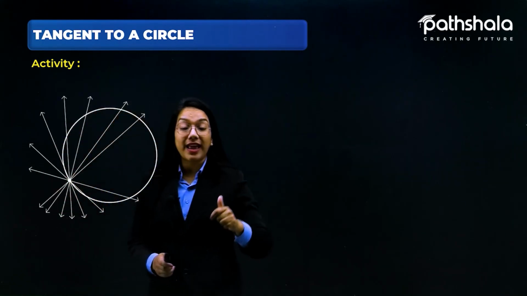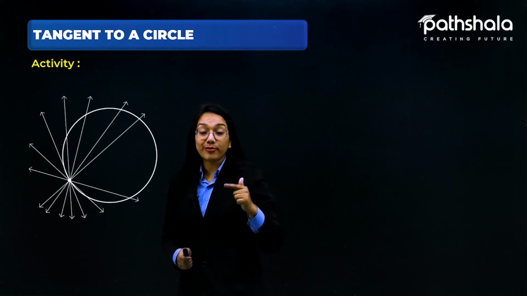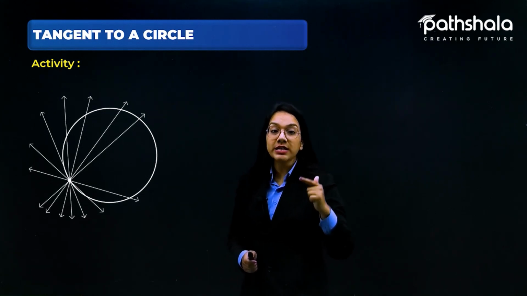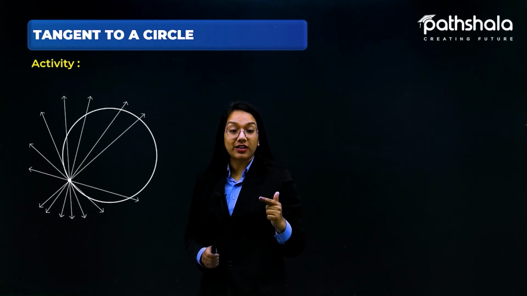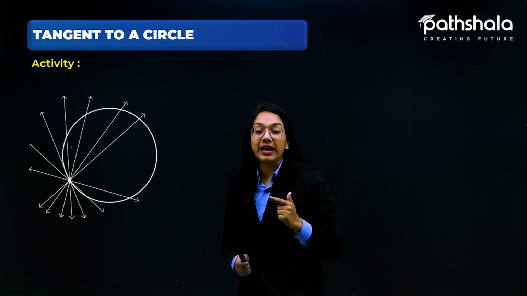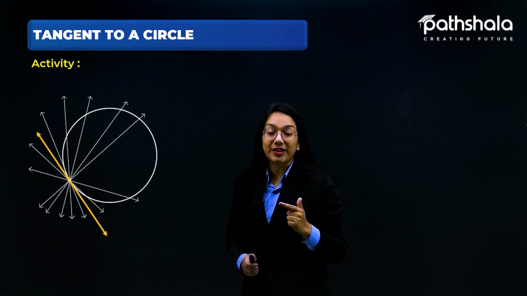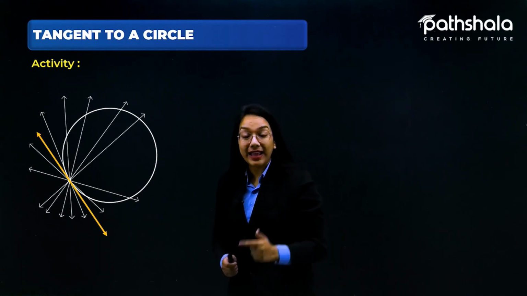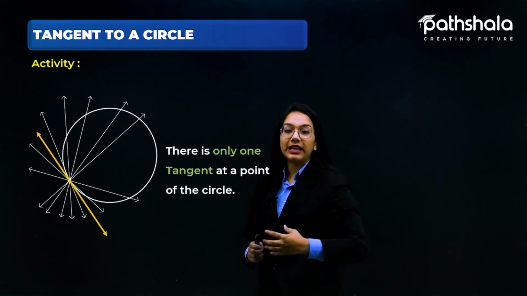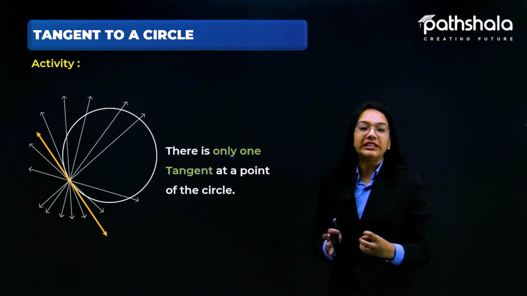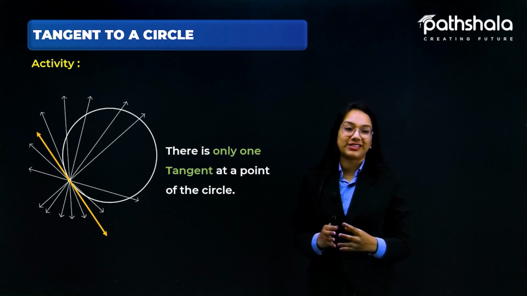But here we can see that only one straight line exactly touches this circle at only one point, and that line is this yellow line. Hence this activity shows that there is only one tangent at a point of a circle.